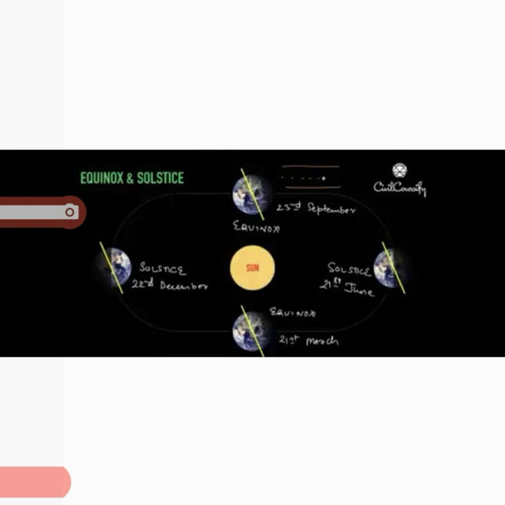Usually we say 23rd September you have the autumnal equinox. And on the other hand, in March we would have a vernal equinox. That occurs around the 21st of March where you again have equal days and nights. So these two equinoxes would have equal days and equal nights.